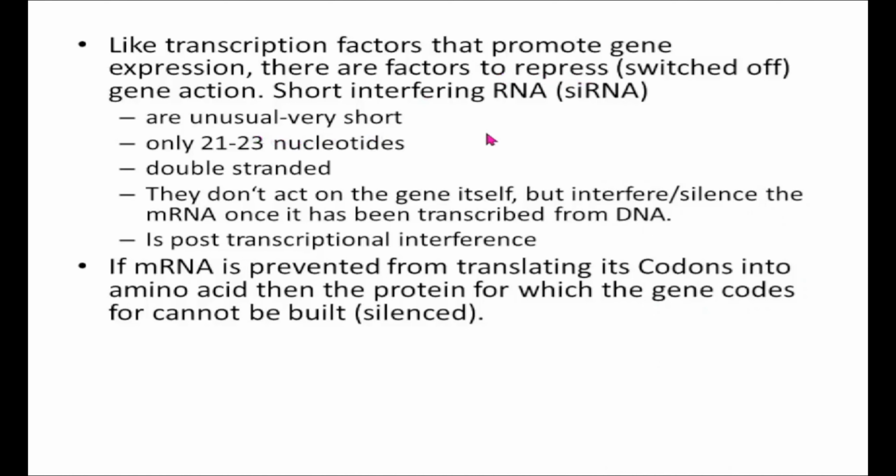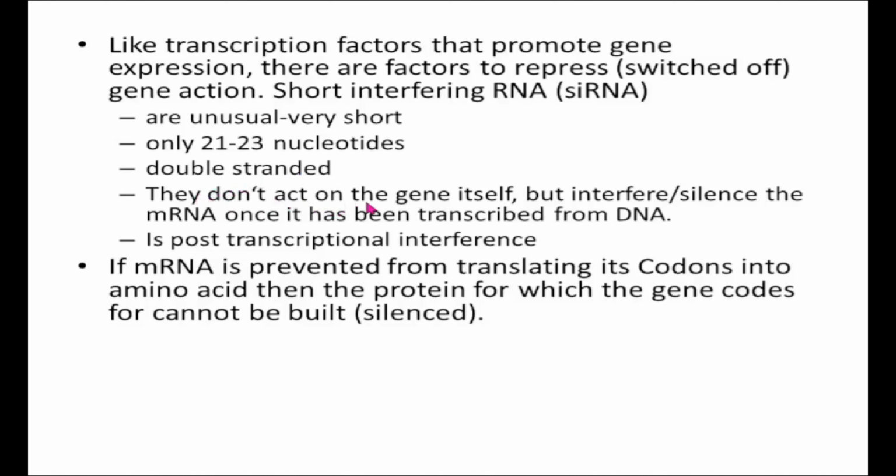These are usually very short, only 21 to 23 nucleotides. That means A, T, C, G, A, T. You can count any kind of such nucleotides, 21 up to 23, very short and double-stranded.